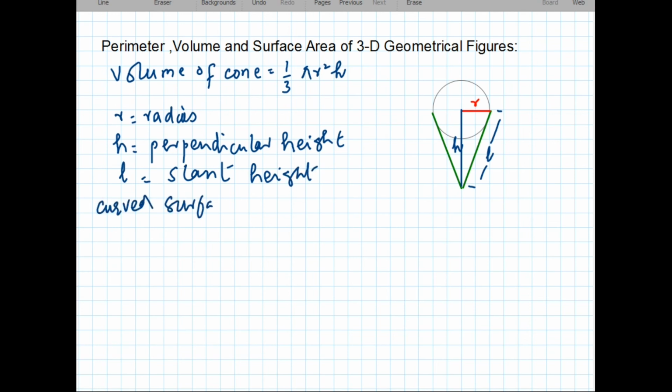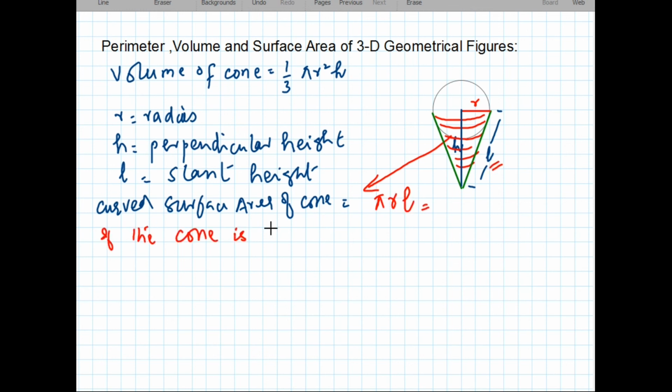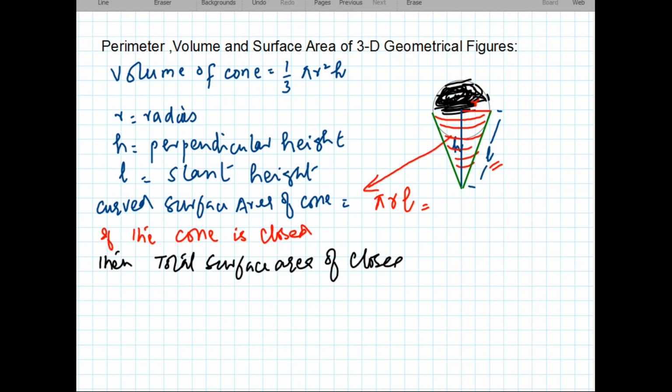Curved surface area of cone shown in figure is equal to pi r L. If the cone is closed, that is closed from the top as shown, then total surface area of closed cone is equal to pi r L plus pi r square, where pi r square is the area of circular base at the top of the cone as shown.